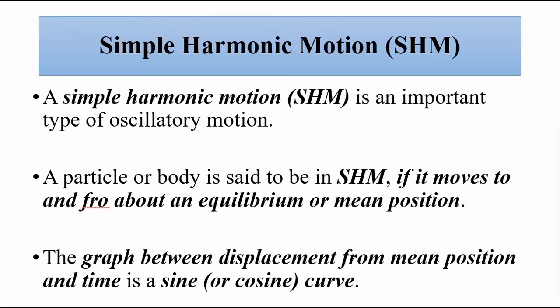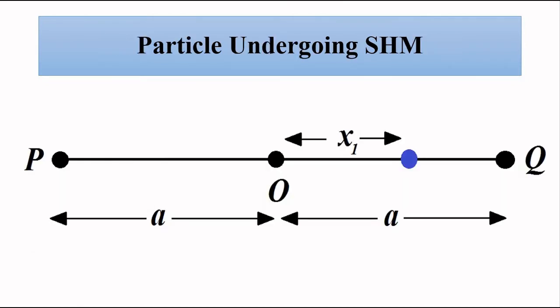Let us say we have a particle or body initially at point O, and it moves between these two extreme points P and Q, first from O to P, then from P to Q, then from O to P again, like that.